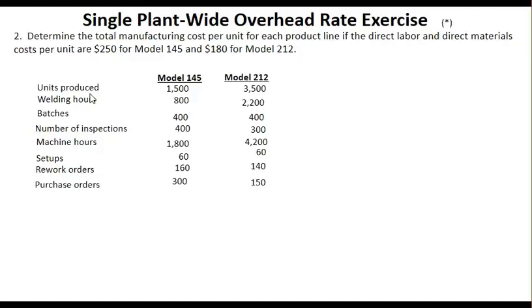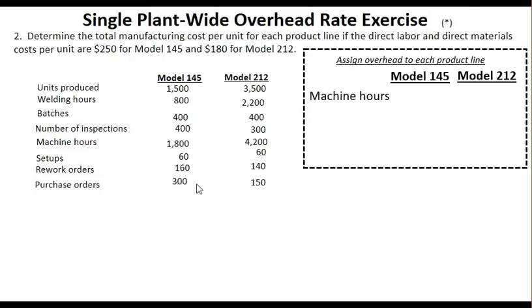At the very top, I also show you how many units of these particular models were produced. So with this information, I can go ahead and assign my overhead cost to each product line, each different model.